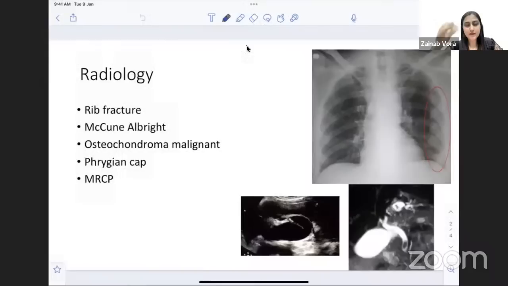And I always feel like it's my own exam, anytime any exam is happening. I'm just trying to share my screen. I'm going to try again. Okay, I think it's visible now. Yes, it is visible, Zainab.